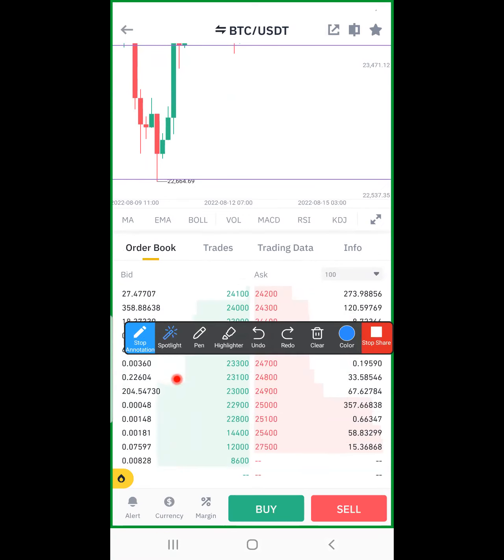These are people's orders. This one wants to buy 26 Bitcoin, and this one wants to buy 28 at this price. This one wants to sell 306 Bitcoins at this price. So people come here to either buy or sell, like any other market. But if the number of buyers is more than the number of sellers, the market goes up.